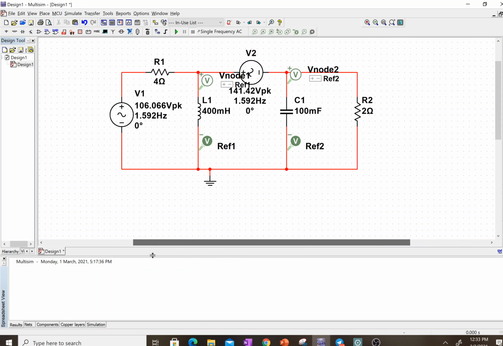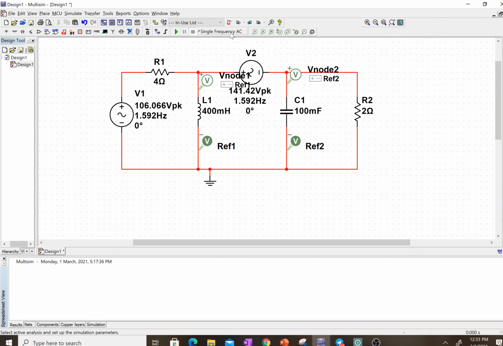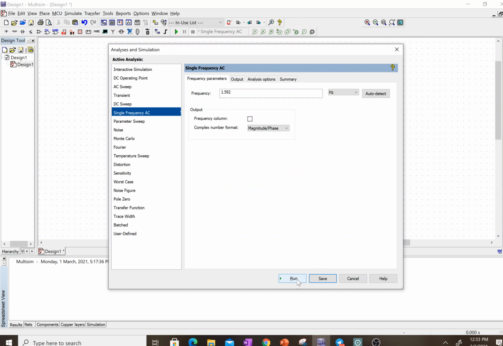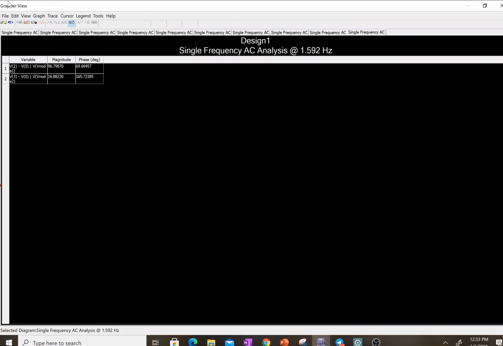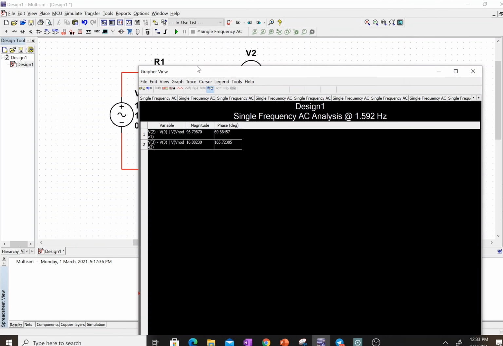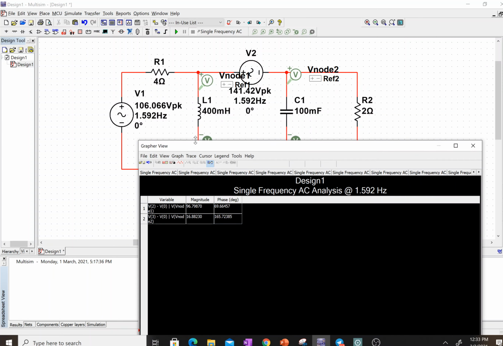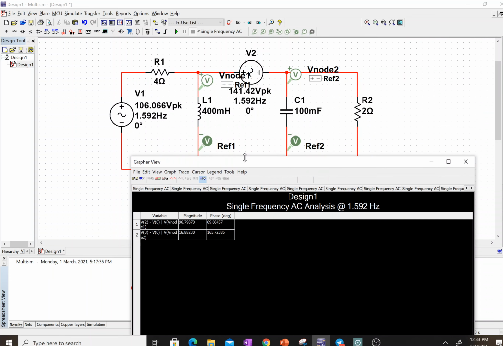You can click here, or simply choose this one and click run. So this is the result. The value measured should be RMS, so we assume that the question provides the value in RMS.